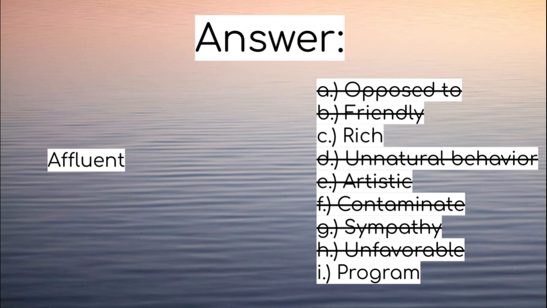So affluent links up with rich, which is letter C, and so agenda links up with a program, which is letter I.